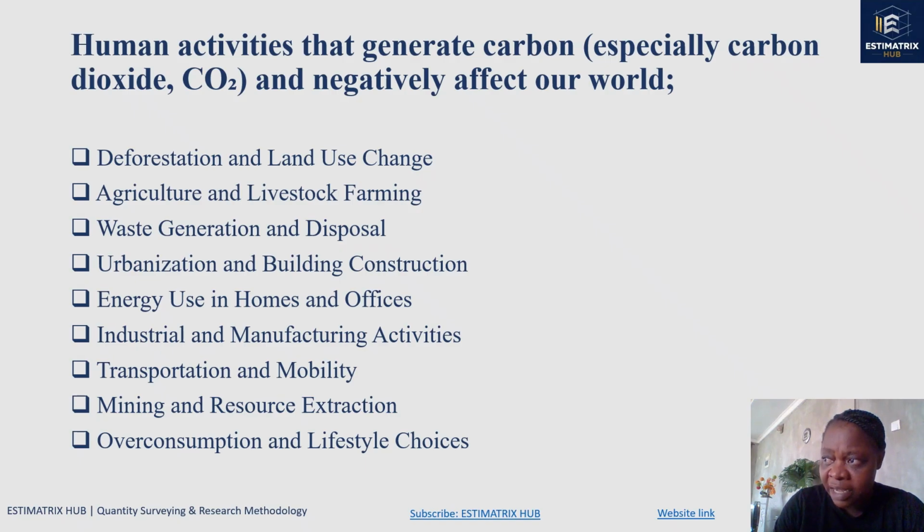Then we look at mining and resource extraction. That is extracting raw materials, which releases gases. Coal mining, oil and gas exploration, quarrying of sand and stone. You see, this leads to carbon emission and land degradation. And also we look at overconsumption and lifestyle choices.